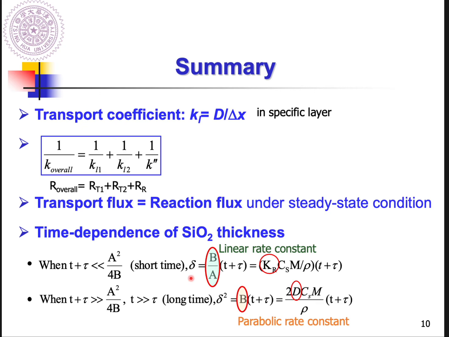And how to measure that? People usually perform the experiments at different time points. Then they get delta as a function of t, these curves.